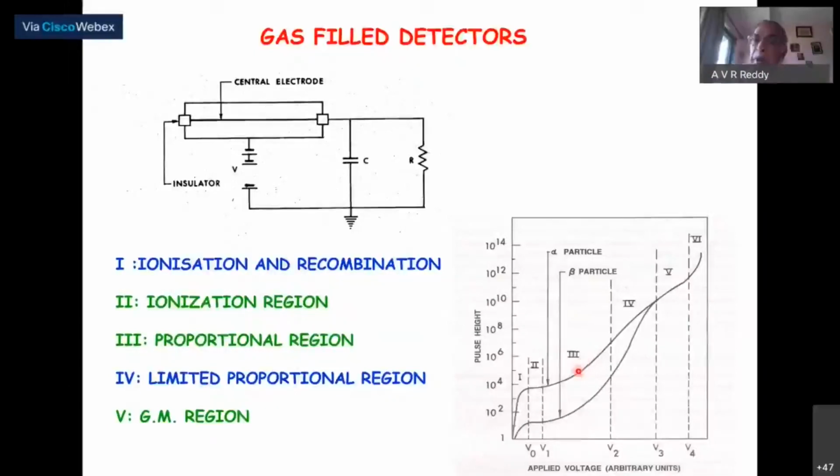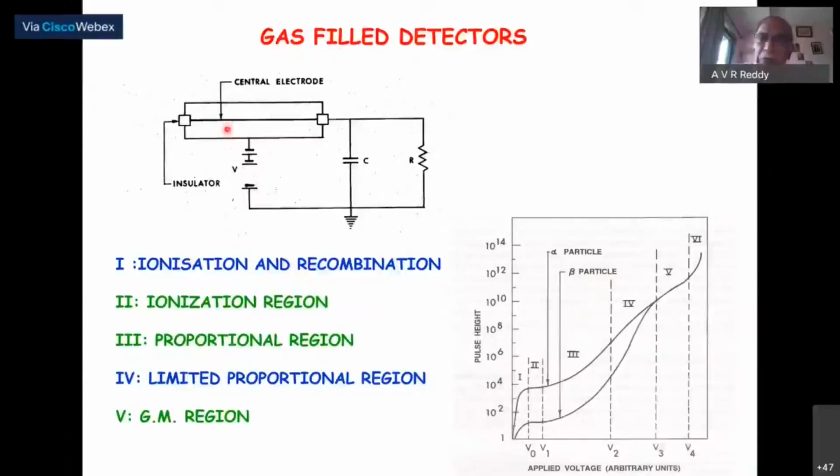Now, from here onwards, let us say we apply voltage further. What is happening now? Electrons are moving fast in the electric field produced because of the applied voltage, and they are reaching the anode. What happens to the positive ions?